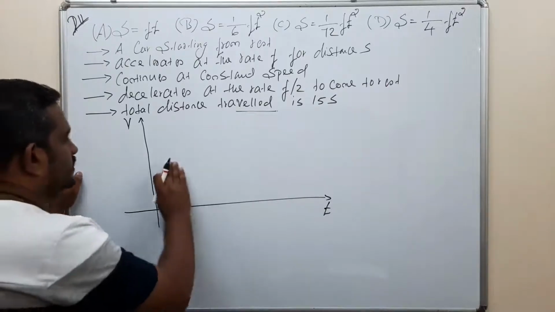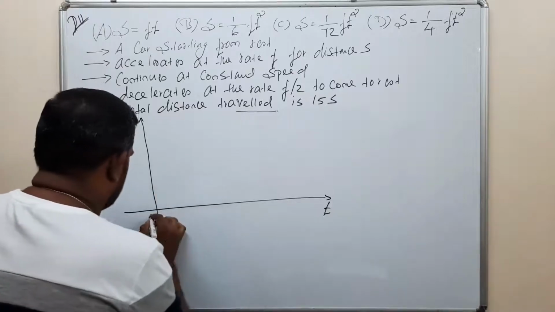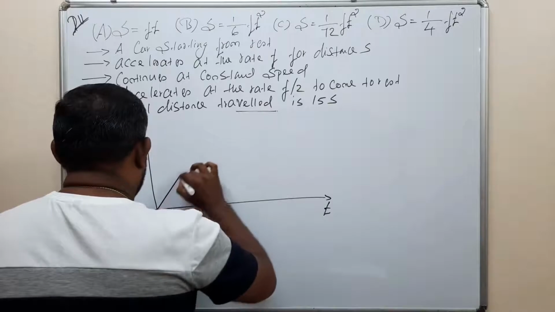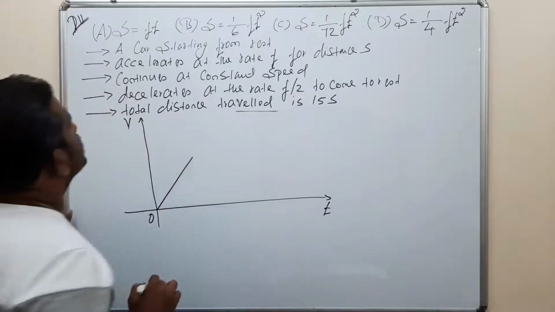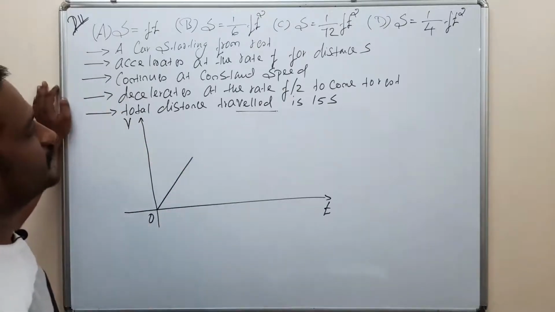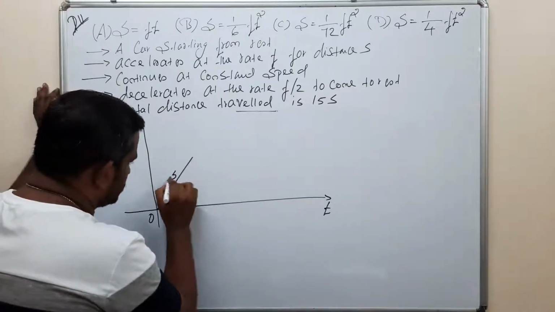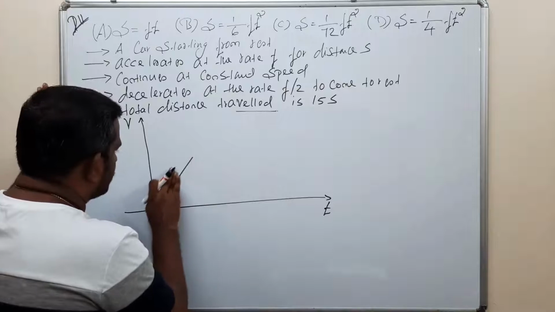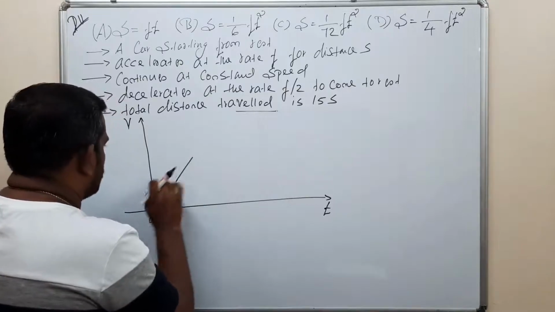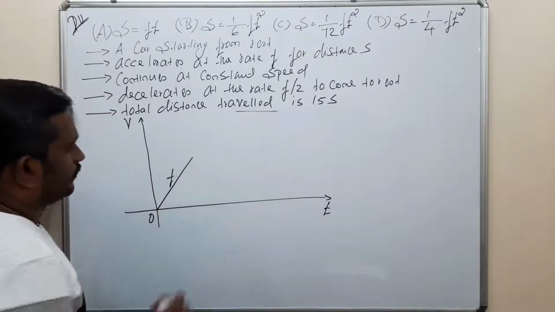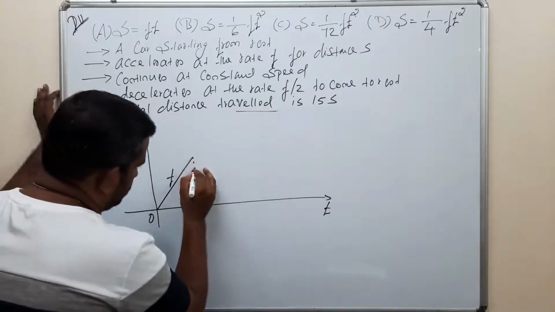The car starts from rest and moves with the constant acceleration f for a distance s. That is the slope of the curve, f.